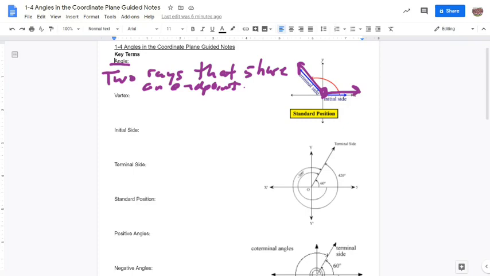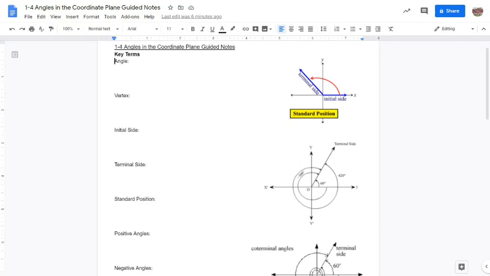Now the initial side refers to an angle in standard position. So I guess we got to do these next three definitions kind of together. All right. So an angle in standard position has its vertex on the origin and the initial side on the positive part of the x-axis, and then the terminal side could be anywhere else as long as the vertex is at the origin.